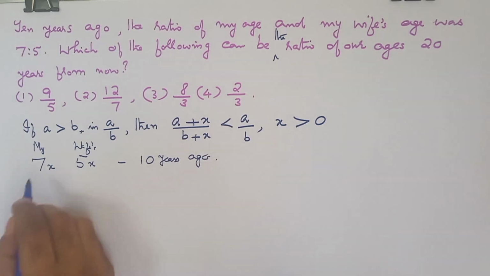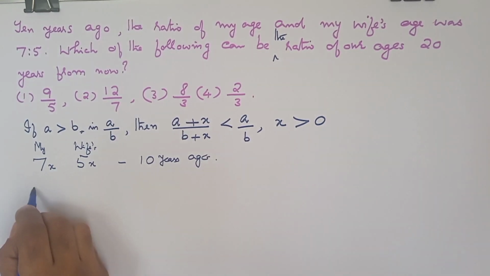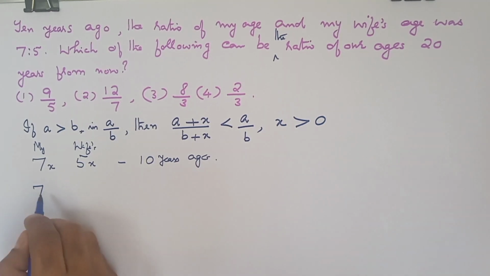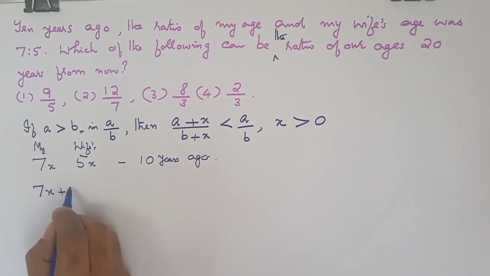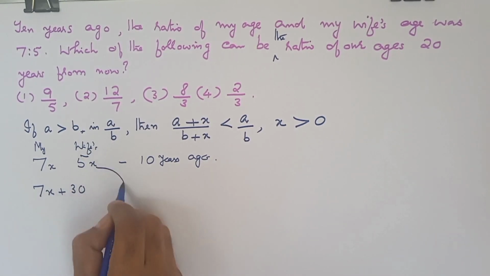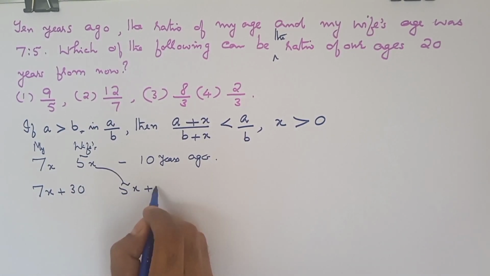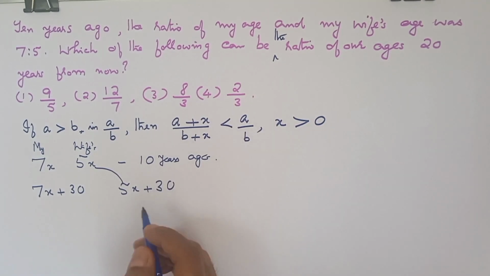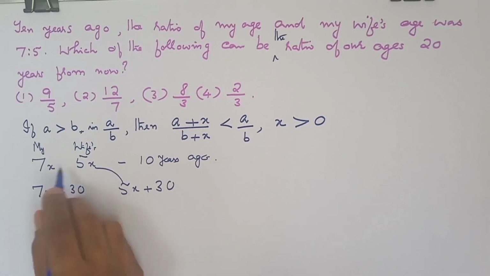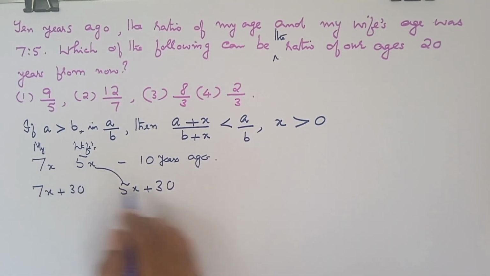So basically, you need to increase these two numbers by what? 10 years ago, it was this. So bring it to the present level, you need to add 10. Again, 20 years from now means you need to add another 20 to that, which in effect means this will be my age and this will be my wife's age from 20 years now. I'm not adding 20, I'm adding 30 because these ages are considered our ages 10 years ago.